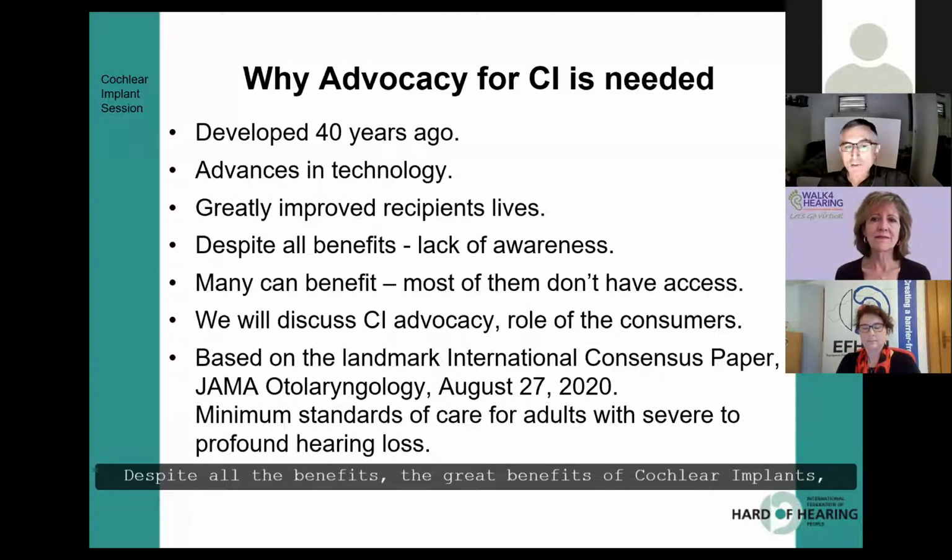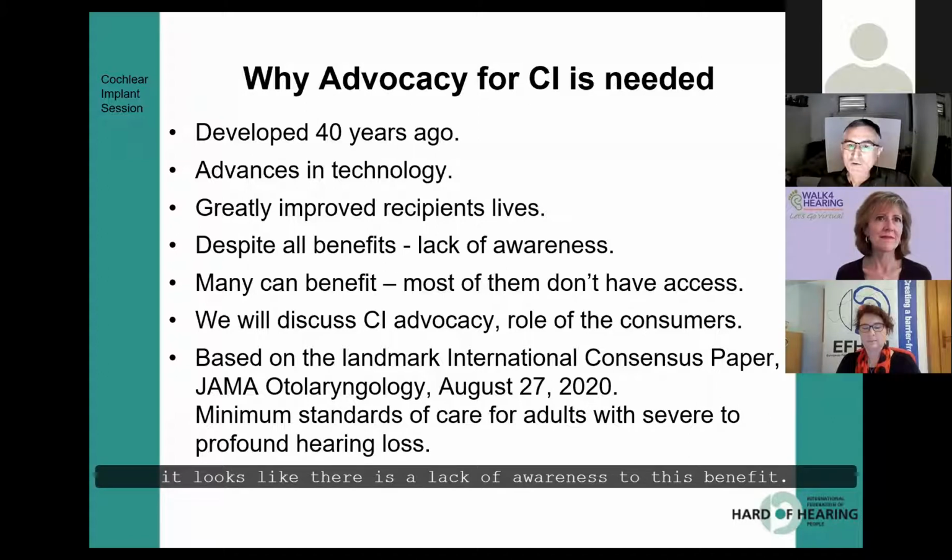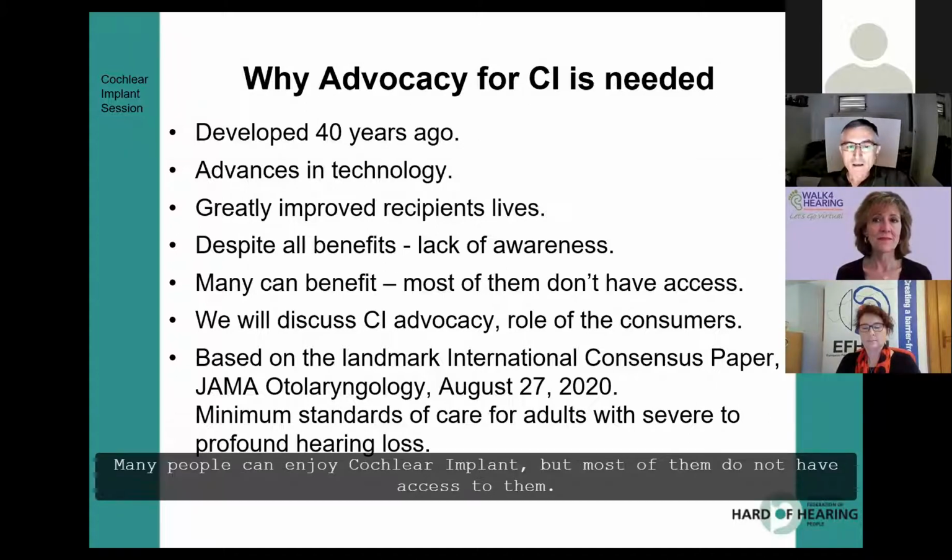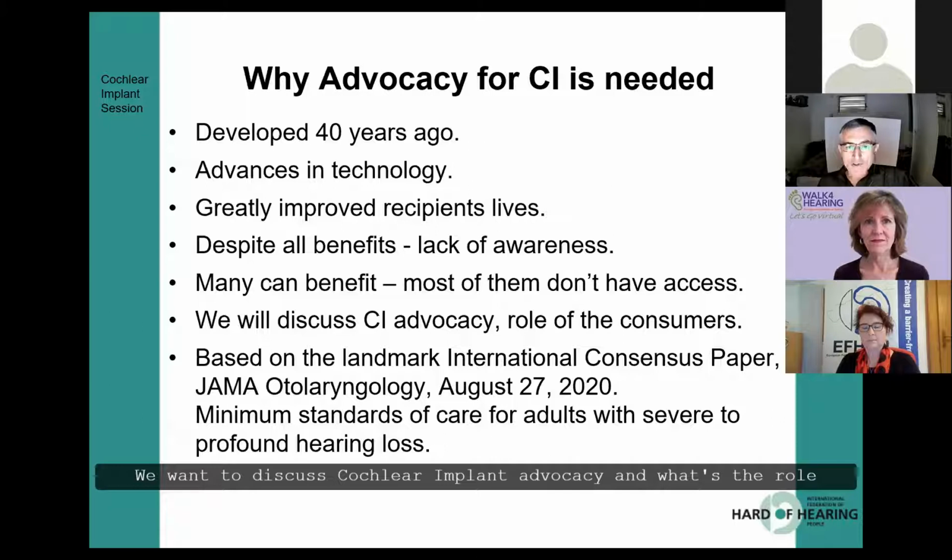But despite all the great benefits of cochlear implants, it looks like there is a lack of awareness of these benefits. Many people can benefit from a cochlear implant, but most of them do not have access to them. We want to discuss cochlear implant advocacy and the role of the consumer in this advocacy.